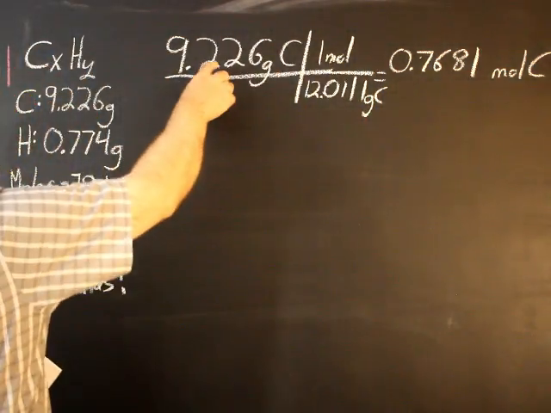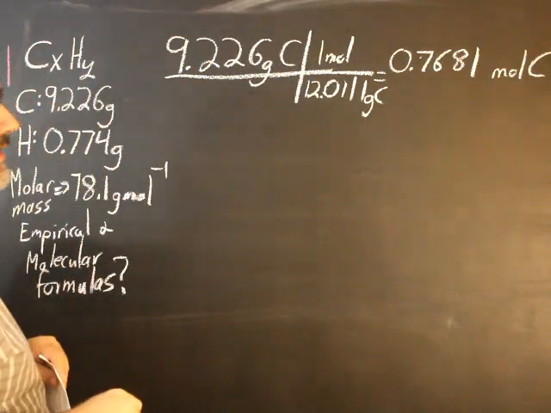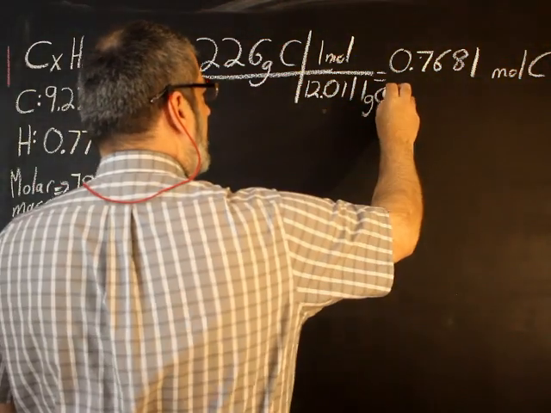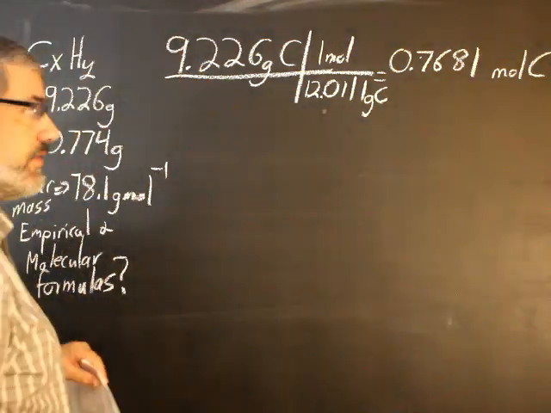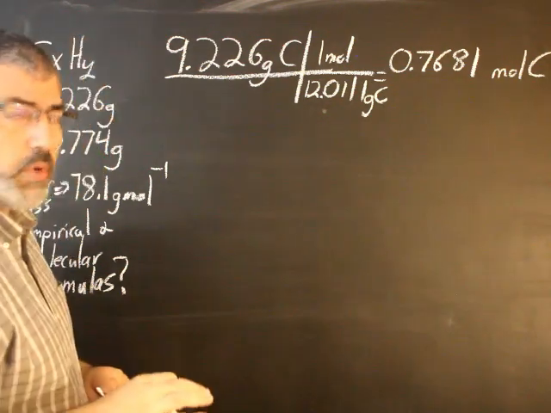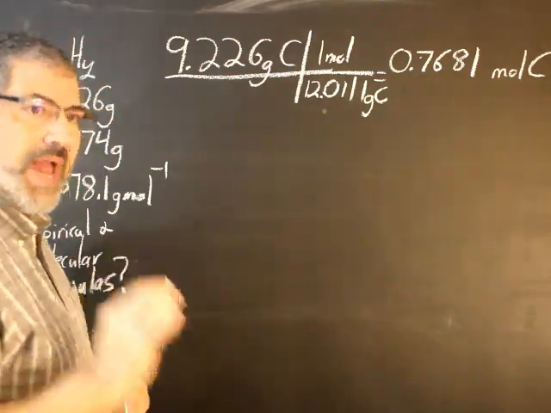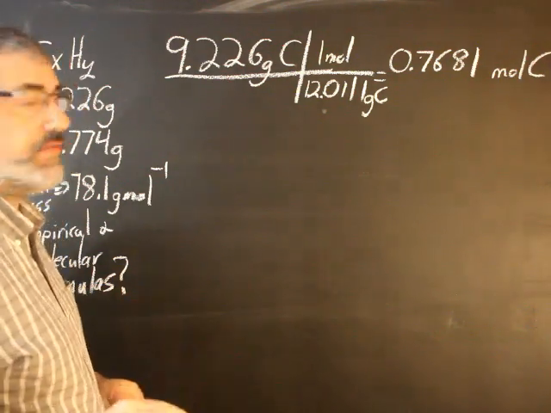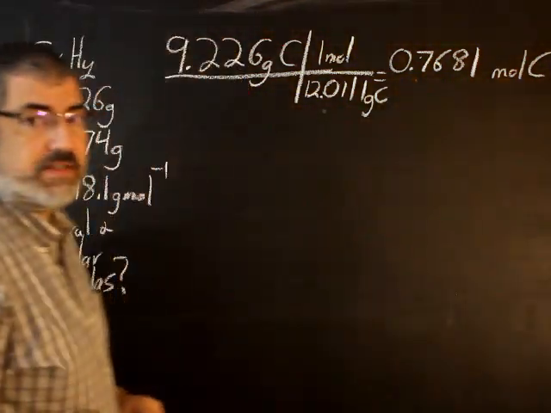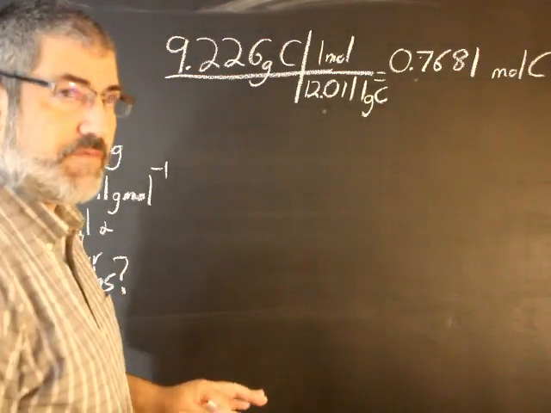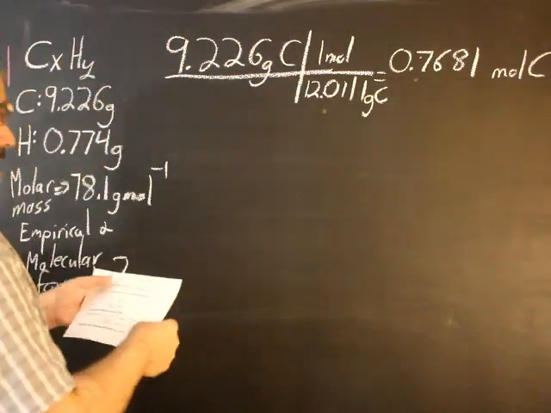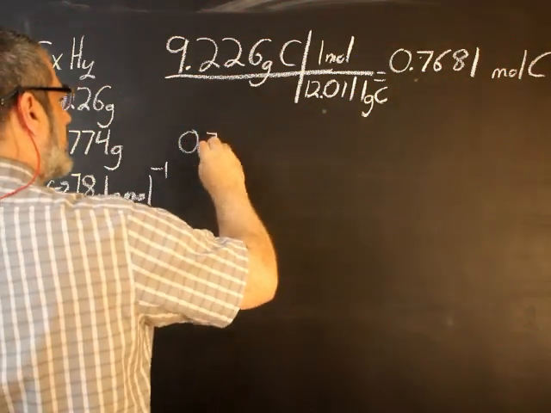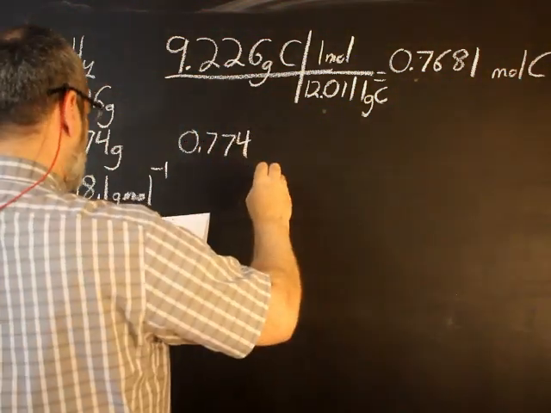In this case, the value that I'm given has 4 significant figures, so I should use the molar mass of carbon so that I do not lose any significant figures. For these particular problems, if you round, you will screw up the problem because they are very sensitive. So in other words, if I rounded this to 0.8, when all is said and done, I could be very, very far off from the correct final answer. So keep all your digits until you finish the problem.